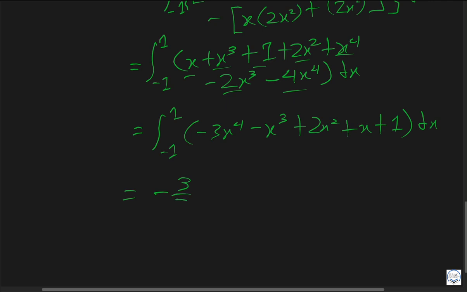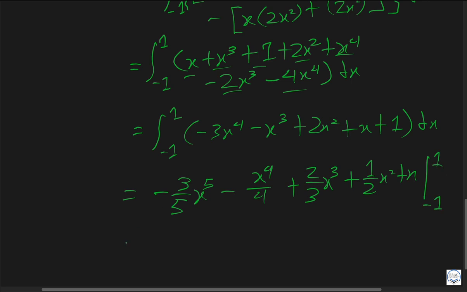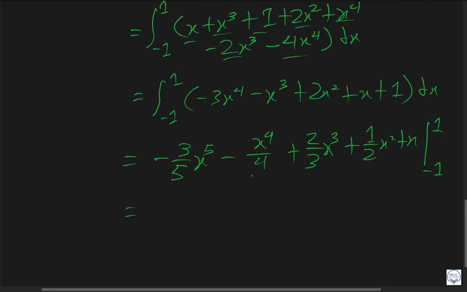So now it's just a simple integration of one variable. So we have minus 3 by 5 x to the power 5 minus 1/4 of x to the power 4 plus 2/3 of x cubed plus x squared by 2 plus x. I should take the limits from minus 1 to 1.